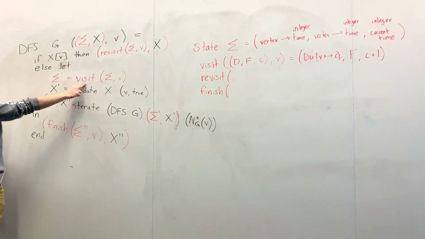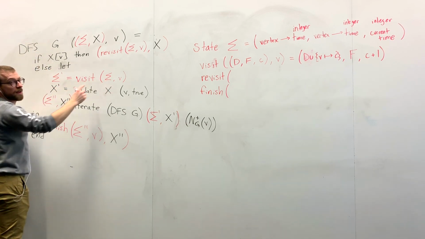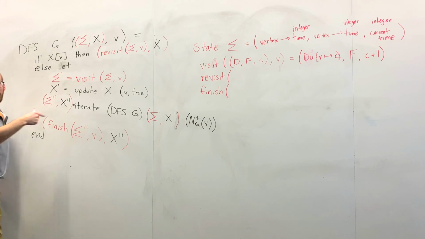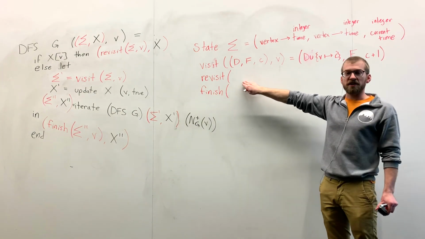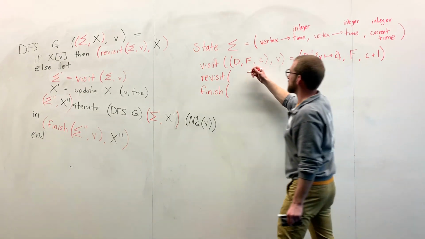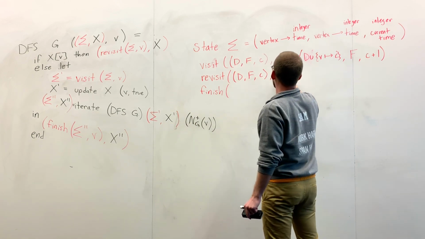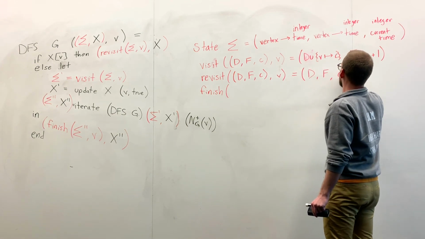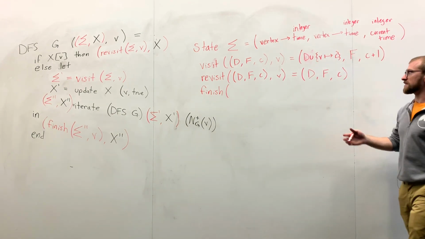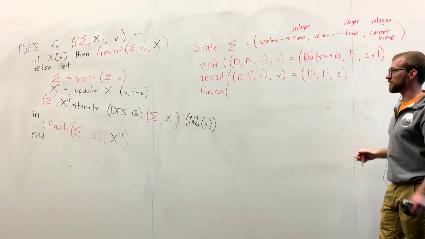It gets called here. So you can imagine when we need to visit a vertex, this will update the current time and mark v as having that previous current time. The revisit function doesn't need to do anything. So if we take some d, f, c and some vertex, well, actually, we just return the same values. Revisiting a vertex doesn't change the timestamps, and it doesn't change the discover or finish times of any vertices.